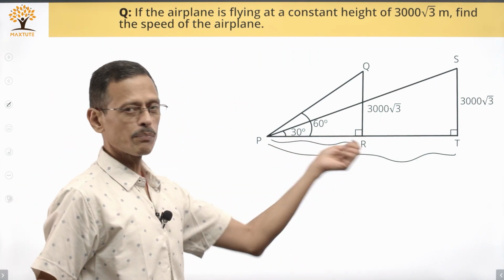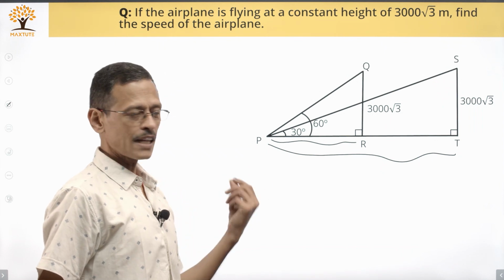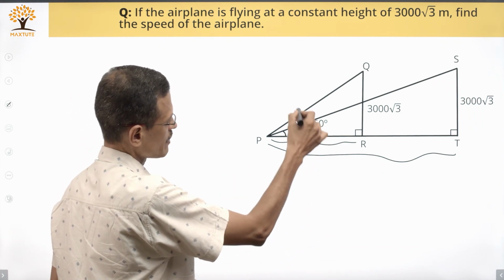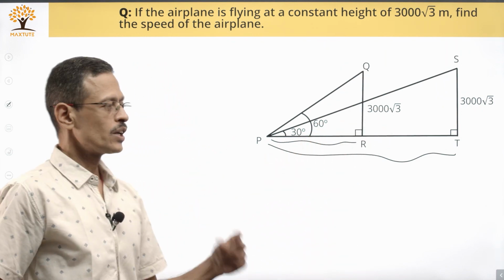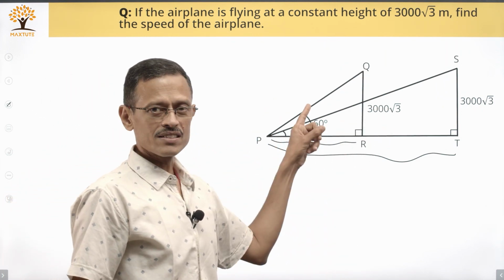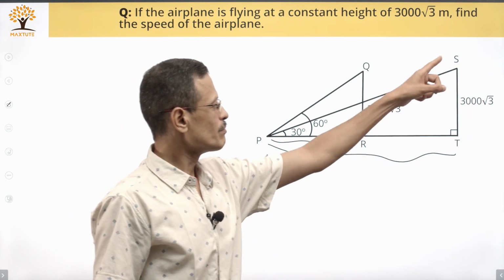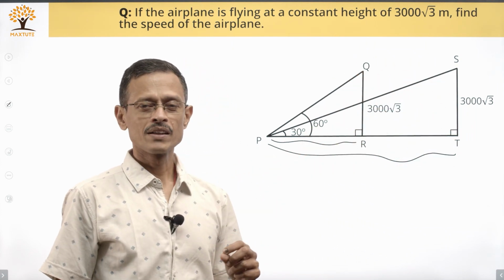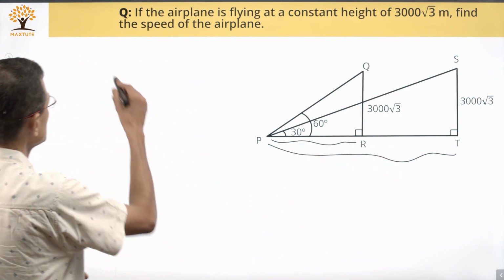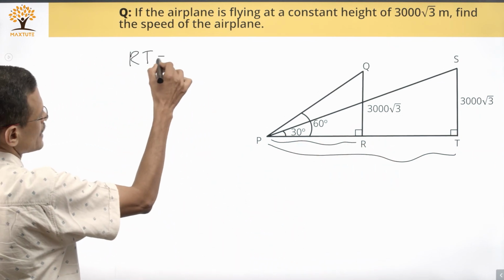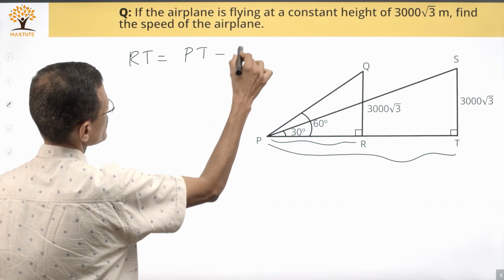This is the initial point where the aircraft was. This again can be computed because we have the angle of elevation, 60 degrees, and we know the measure of QR. Essentially, for both these angles, 30 degrees and 60 degrees, we have the measure of the opposite side, and we are trying to find the adjacent side. So we need to find RT. RT is nothing but PT minus PR.